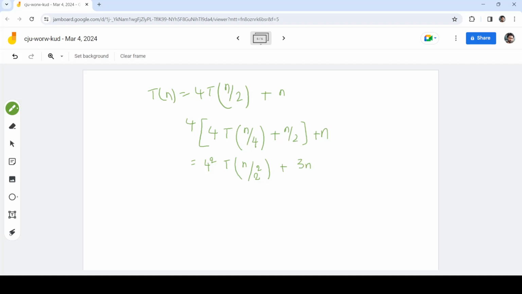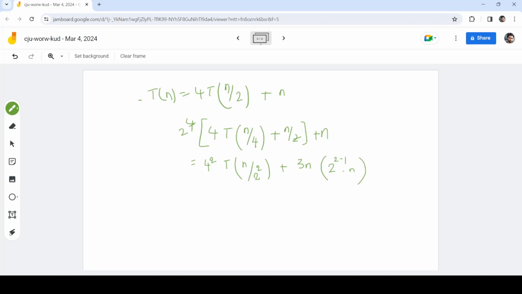So this gets cancelled out: 2n plus n is 3n, which can be written as 2 squared minus 1 times n.